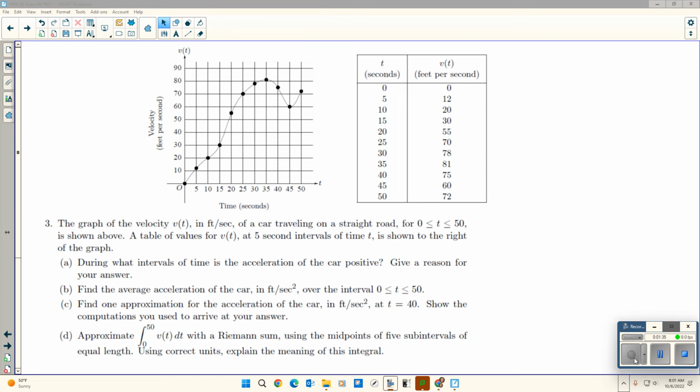The table values for v(t) at 5-second intervals of time t are shown to the right of that graph. It's just explaining what I have, and that's fantastic. 3A states, during what intervals of time is the acceleration of the car positive? And give a reason for your answer.